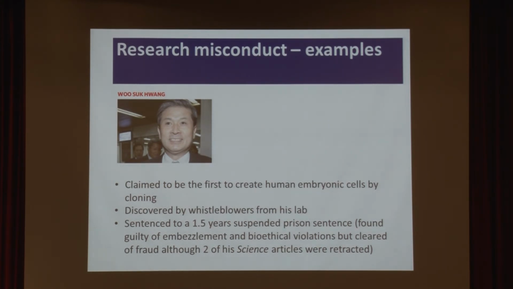He also did a lot of image manipulation, taking the same figure and presenting it both as a control group and the experimental group. And he was sentenced to prison, but this prison sentence was changed to community service. And he had 2 Science articles retracted.